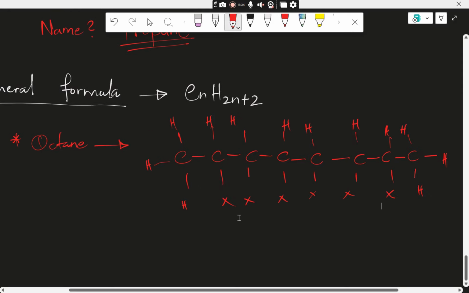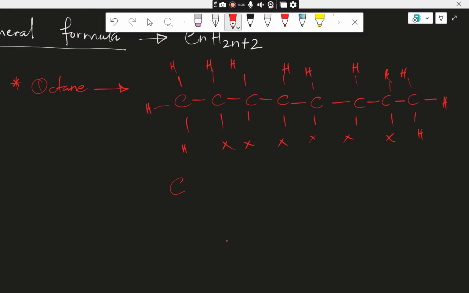That means the general formula will be C8H, 2 times 8 is 16, plus 2, so you have 18 hydrogens. So when they say write the molecular formula of octane, let's count them: 3, 5, 7, 9, 11, 13, 15, 17, 18.